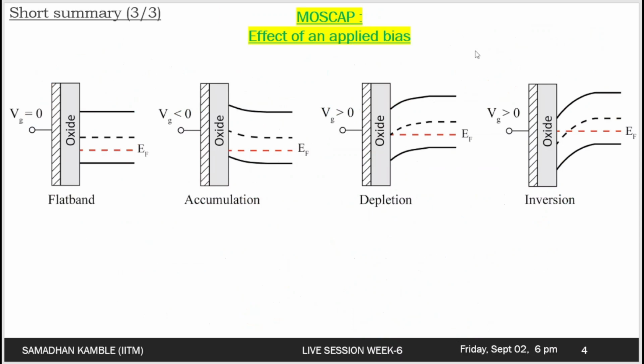One example is the MOSFET, the metal oxide semiconductor field effect transistor. Before going to the advanced topic, we considered the MOS capacitor, which is a two terminal device and is at the heart of all the MOS devices.